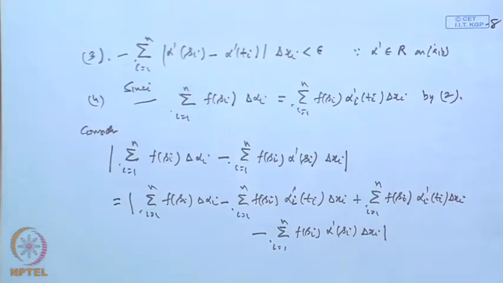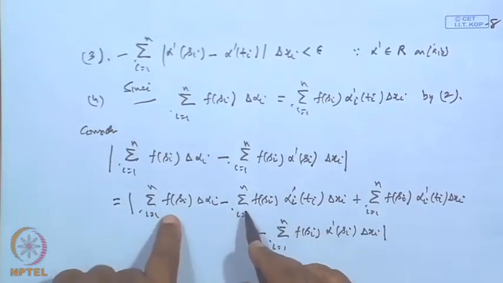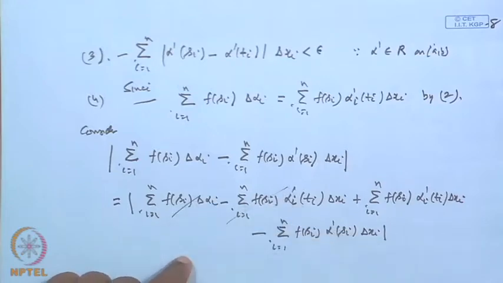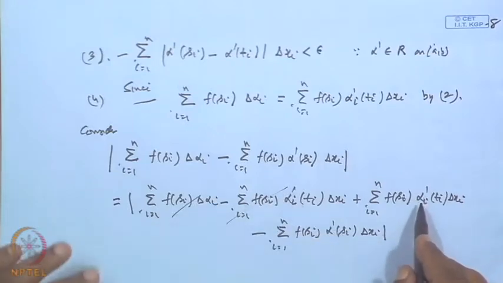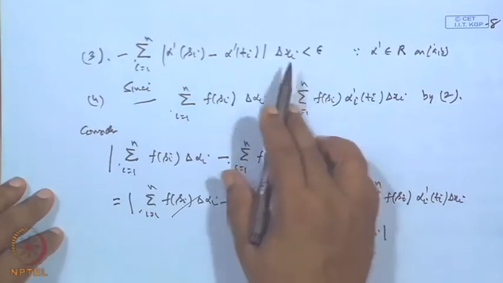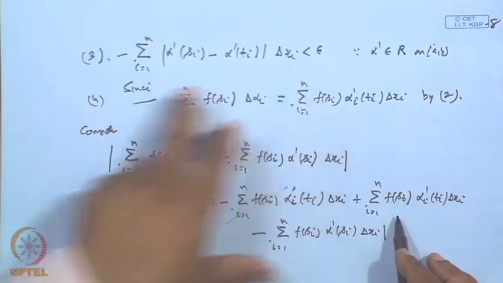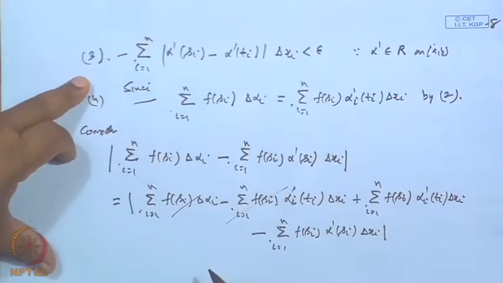Just add and subtract. Now, this part is exactly the same as this, so this will go to 0. Now, because of condition 3, the earlier result of alpha dash, we apply condition 3.